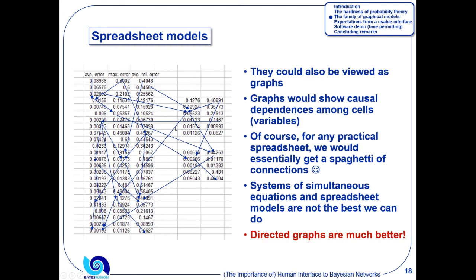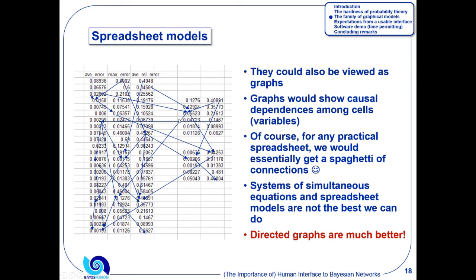Another member of this family, if you think about it, are spreadsheet models. They can also be viewed as graphs. A spreadsheet model can be viewed as a system of simultaneous equations, the same way we viewed the system of simultaneous equations in the previous example. The graphs, if you draw them from a cell to another cell, whenever the other cell uses a formula that uses the cells, right?